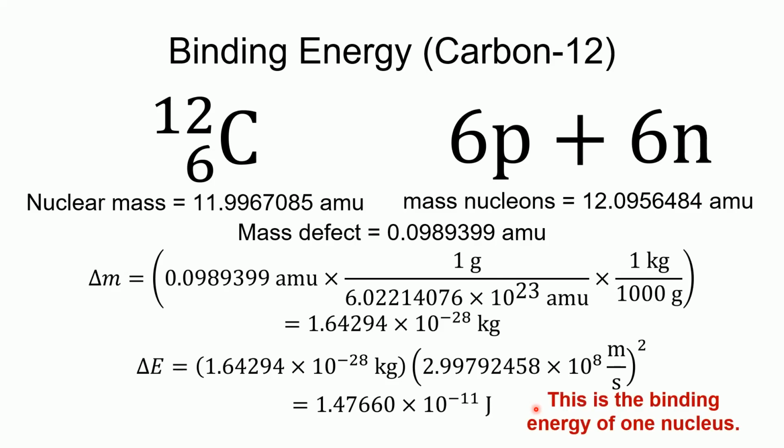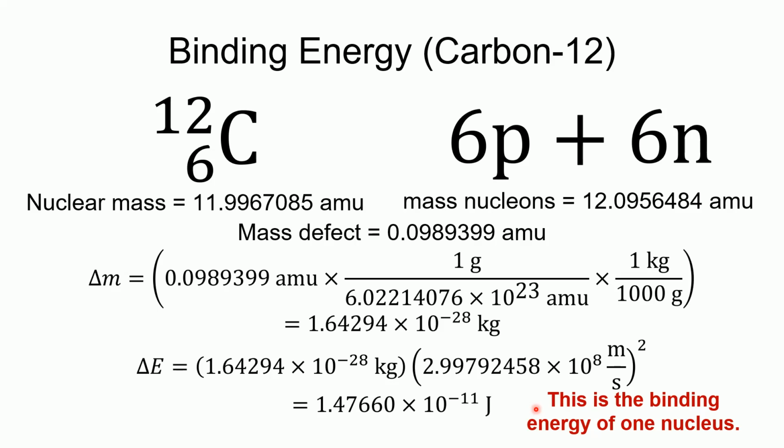So that is the binding energy of one nucleus. That is the amount of energy that is holding together that nucleus. Now, that's a very small number, but for one nucleus, that's a significant number.